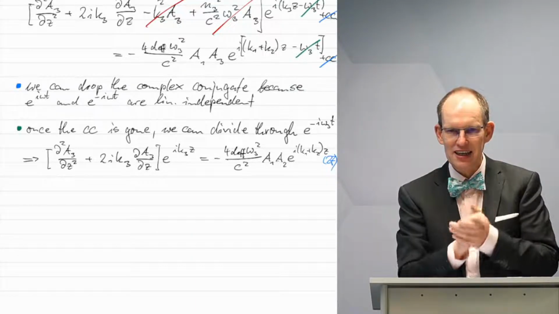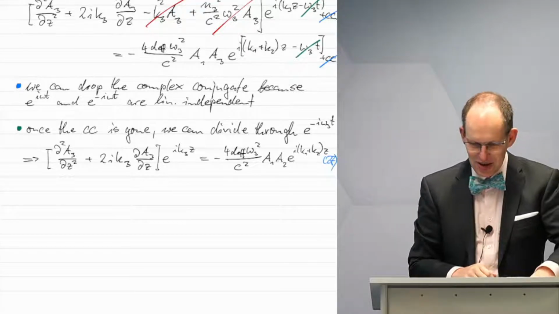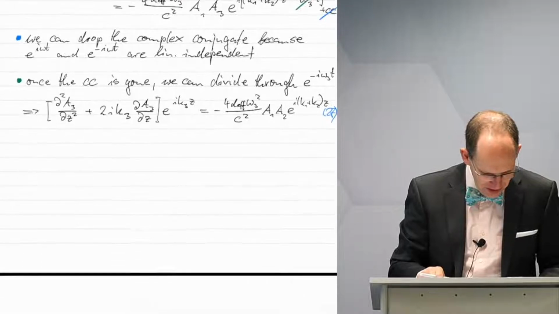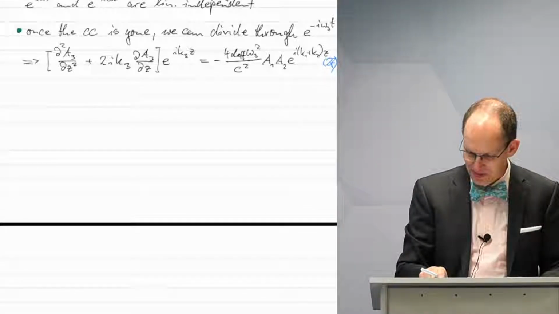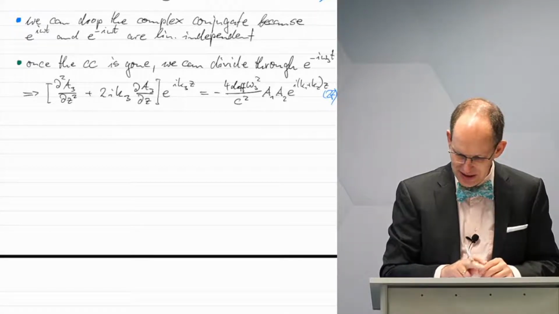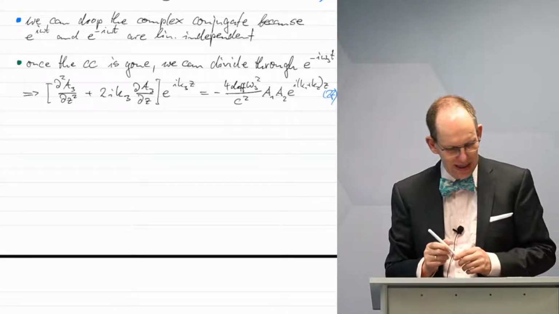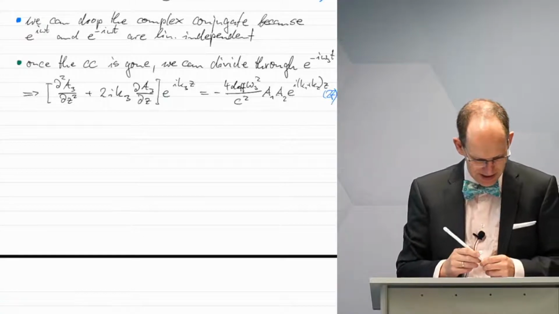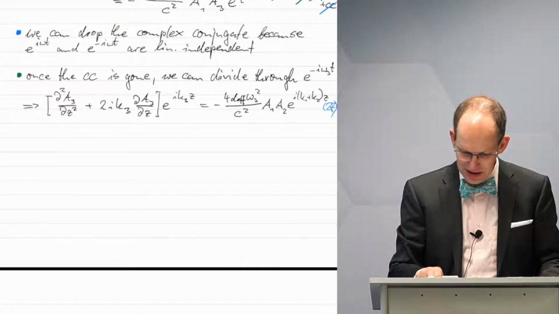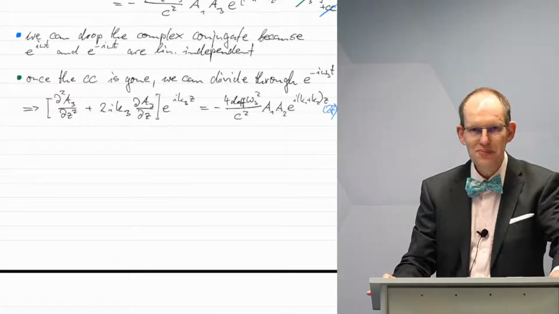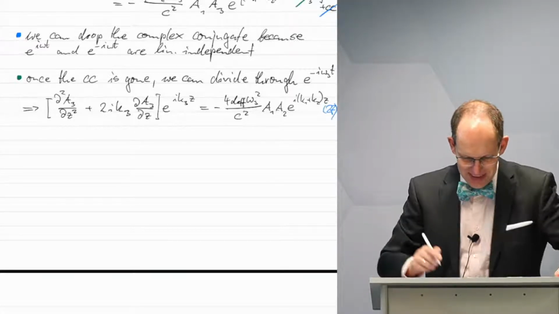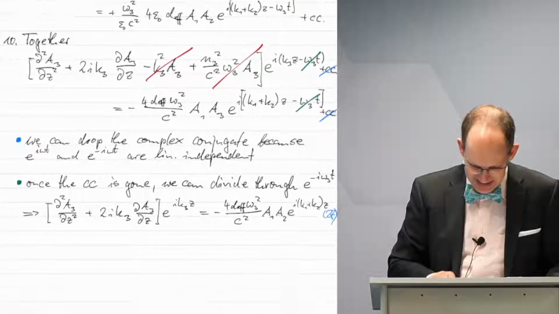So what we do is what's called the slowly varying amplitude approximation. Actually, this kind of approximation is also done in quantum optics in a different context. So the slowly varying amplitude approximation is not unique to nonlinear optics.